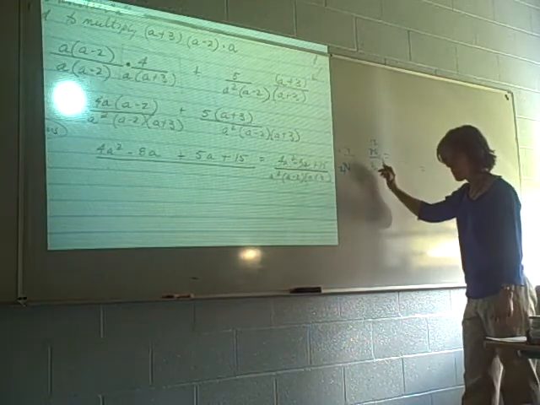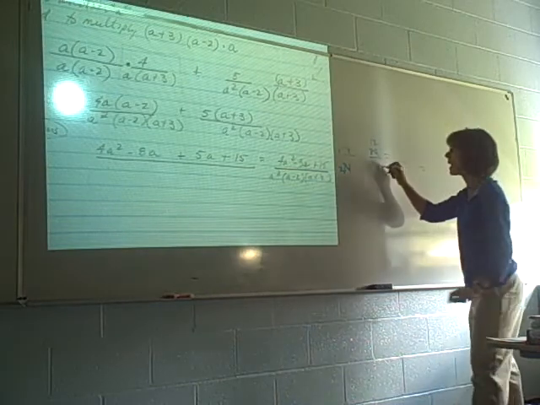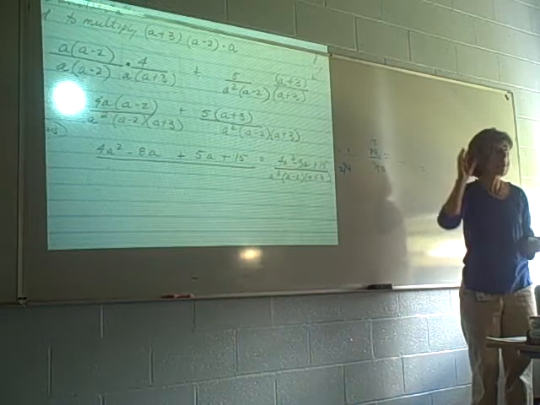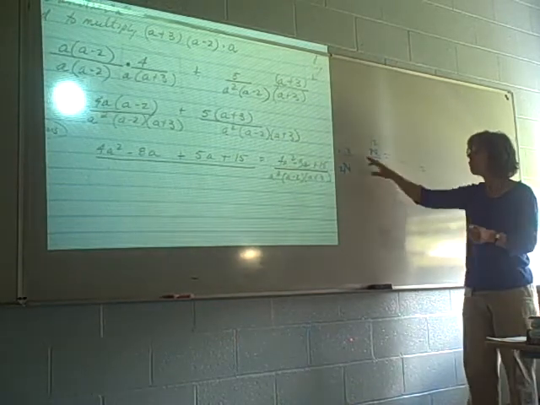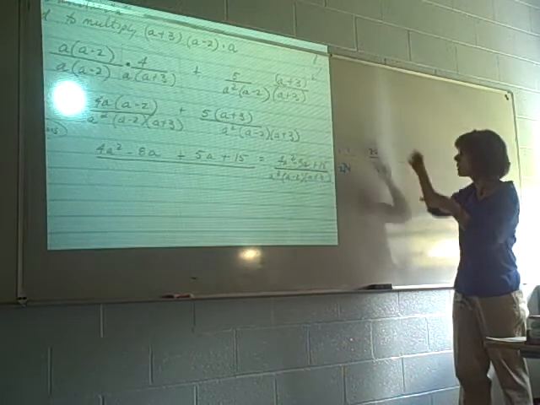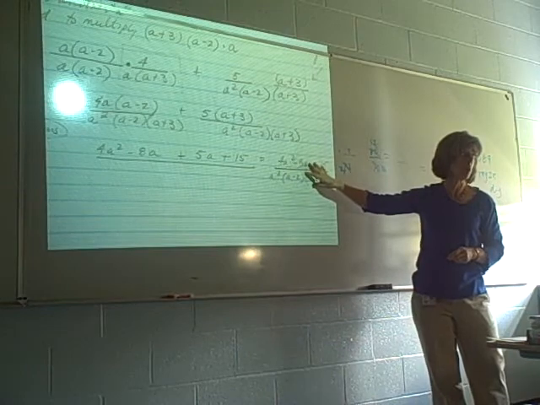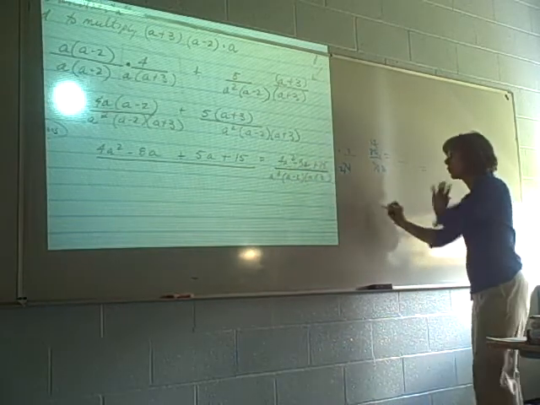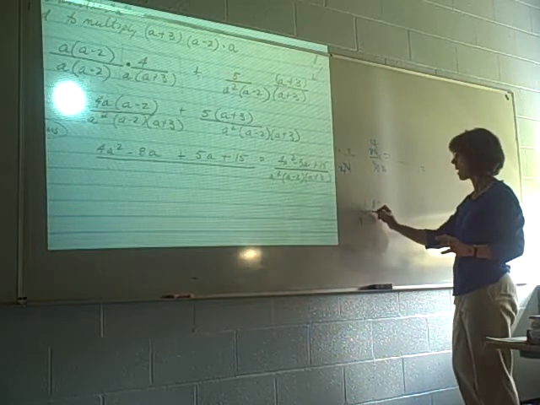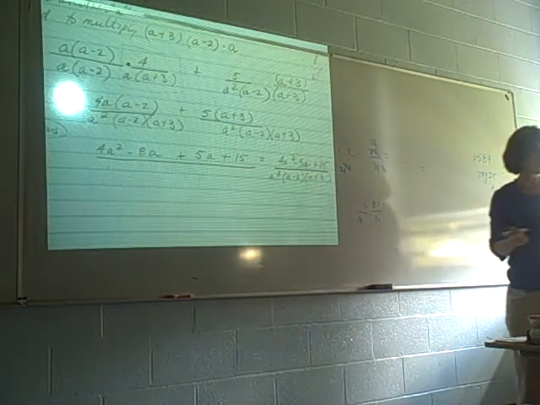Do you see how here I'm trying to break my numbers down as low as possible before I do my multiplication, so that I'm in simplest terms, as opposed to multiplying and then trying to simplify?